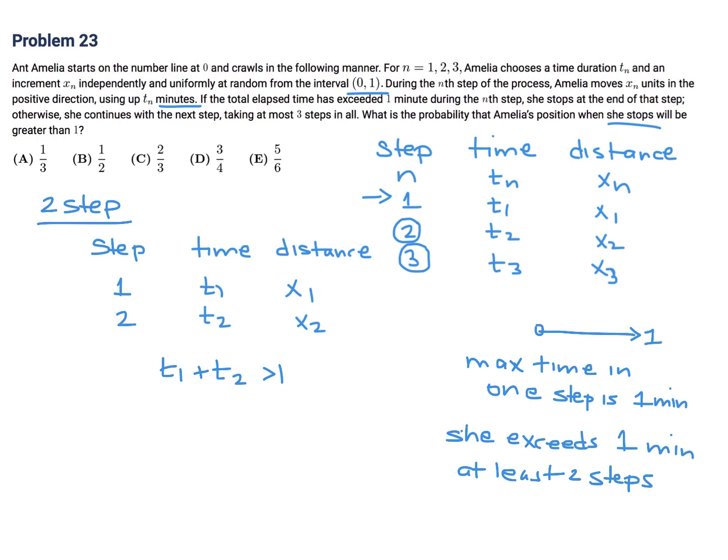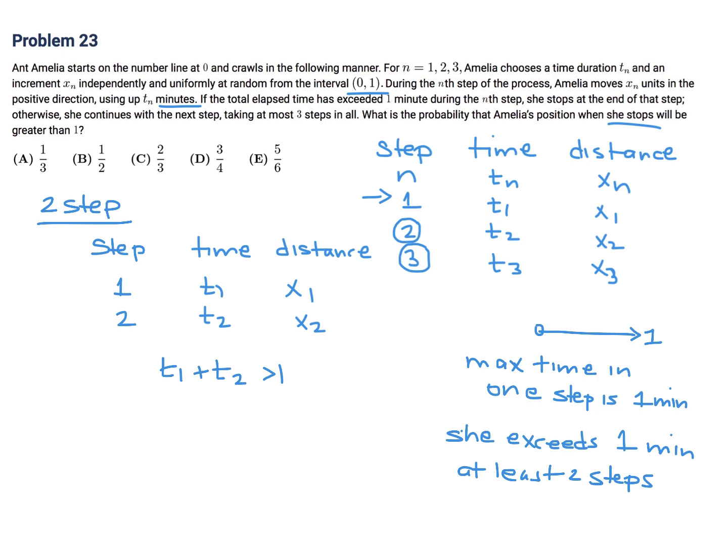And I believe we also want X1 and X2 to be greater than 1. Or actually, I think just the time is sufficient. What is the probability that Amelia's position when she stops will be greater than 1? Okay, and that follows if the total elapsed time has exceeded 1 minute. Okay, I think I got it.